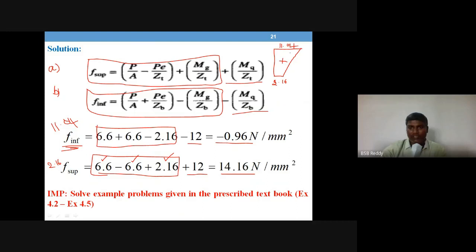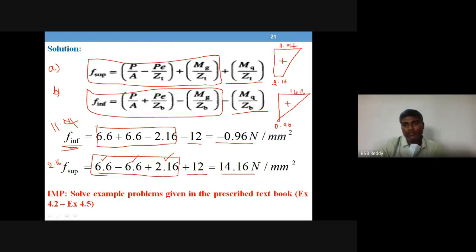So this 11.04 has become 14, and this 2.16 compression has become a little negative, a very minute negative value. So the compressive stress is 14.16, this is the final stress diagram, and a tensile stress of 0.96, a very little negative value. So this is when the live load of 6 kilonewton per meter is acting.